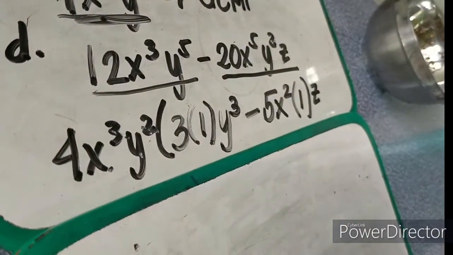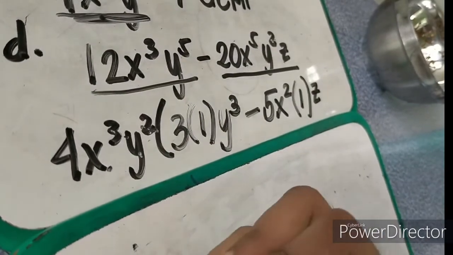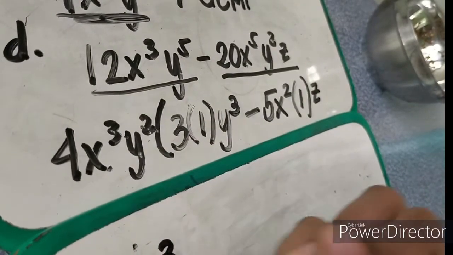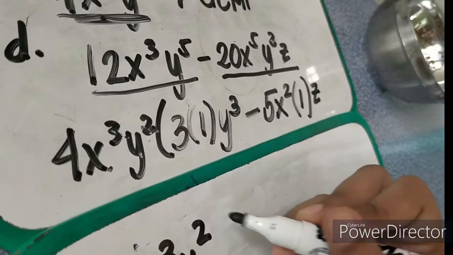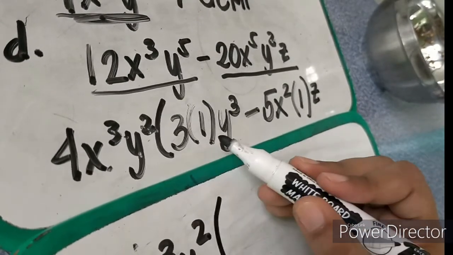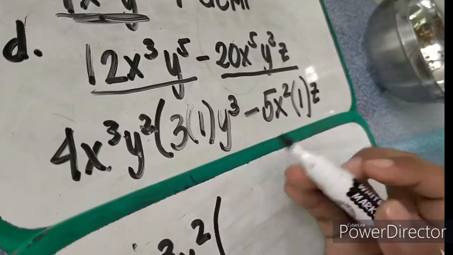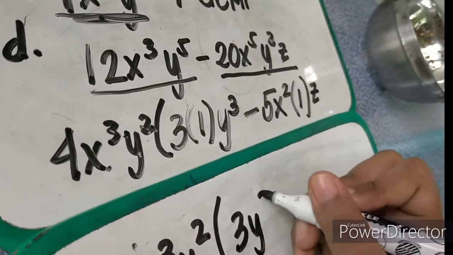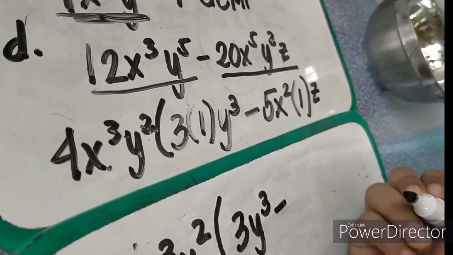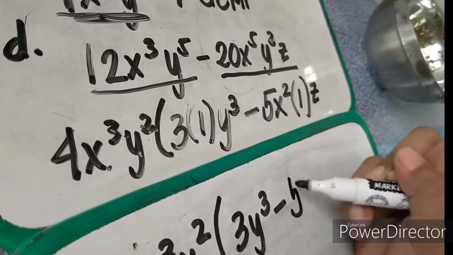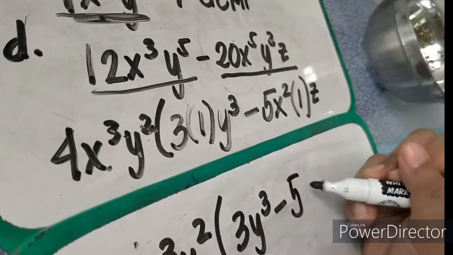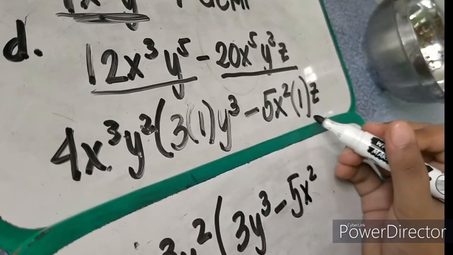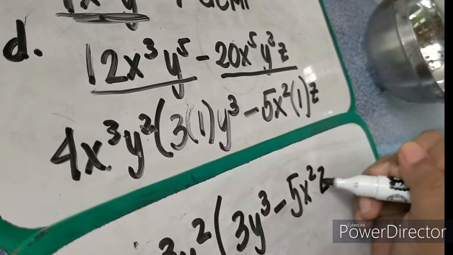So, let's simplify. We have 4x cubed, y squared. 3 times 1 is 3, times y cubed is 3y cubed. Minus 5x squared times 1 is still 5x squared z.